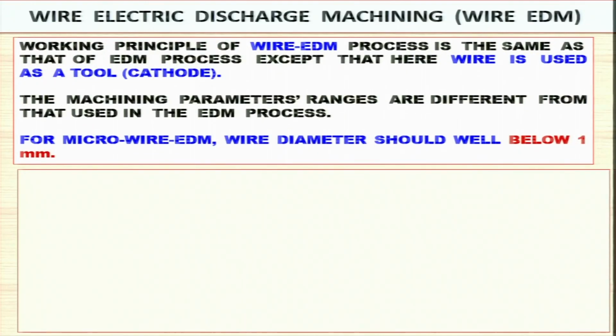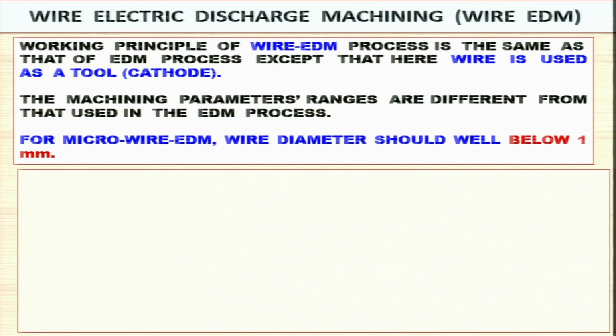Working principle of the wire EDM process is the same as that of the EDM process, except that here wire is used as a tool, and the tool is made the cathode in EDM as well as in ECM also.